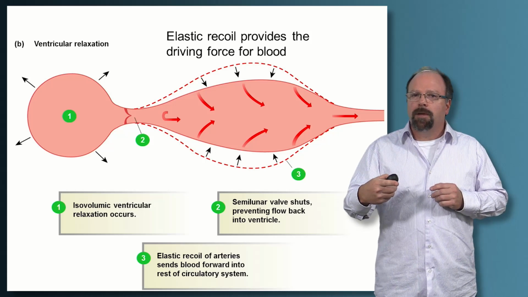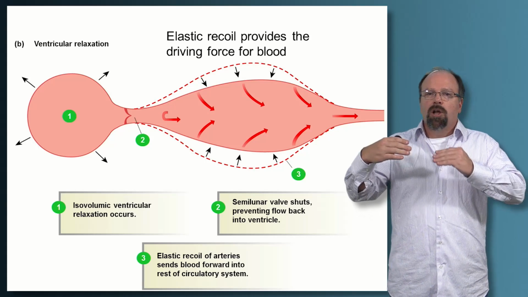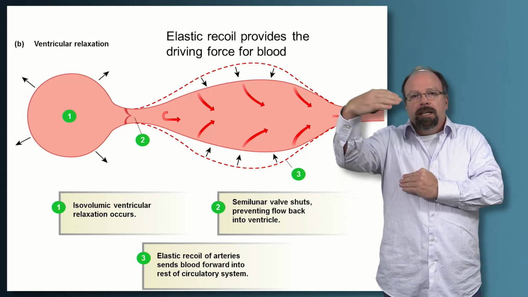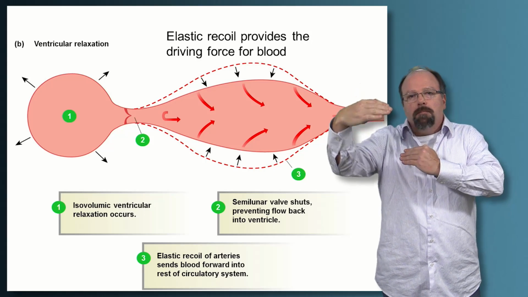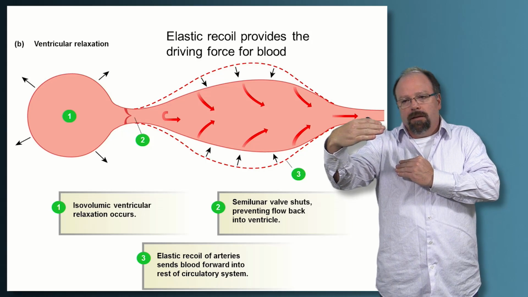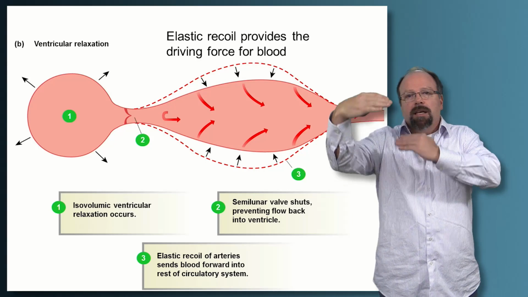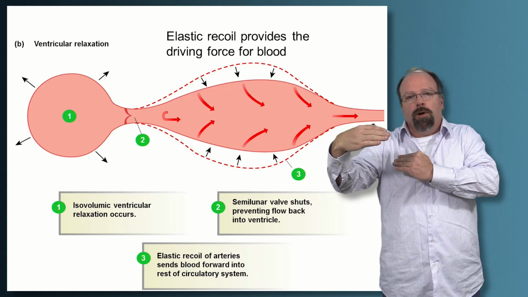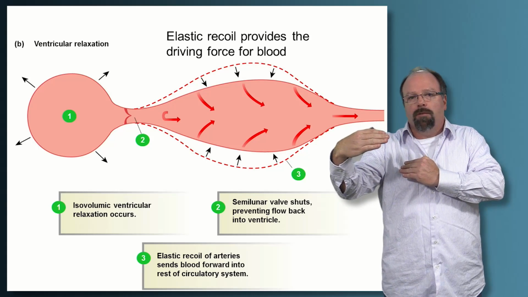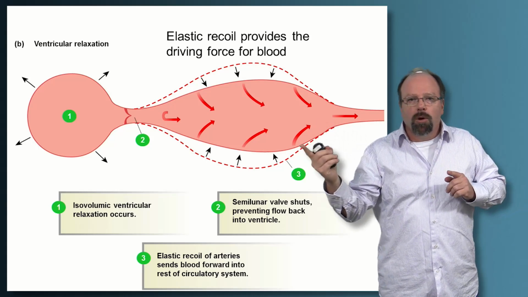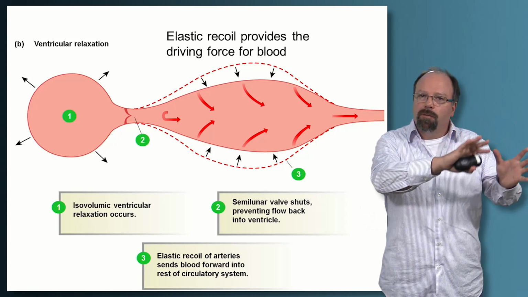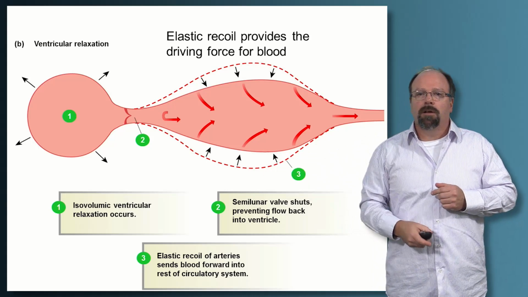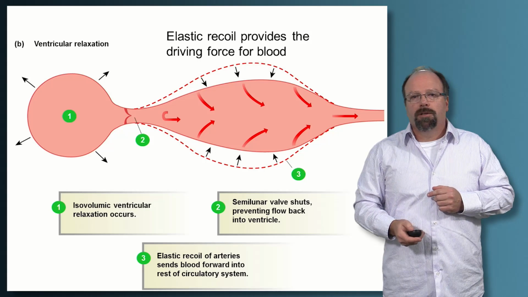That closure of the semilunar valve, together with the elastic nature of the aorta, helps maintain the pressure within the aorta, and that elastic recoil provides an additional driving force for blood. The blood can no longer go back into the heart because the semilunar valve is closed, and is forced or pushed along the vascular tree towards the various tissues.